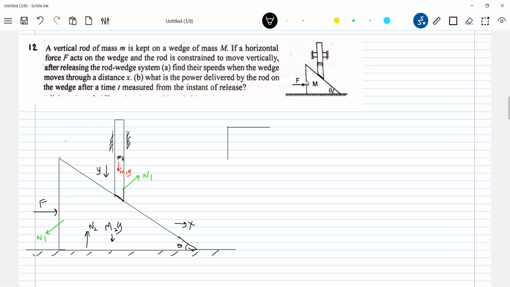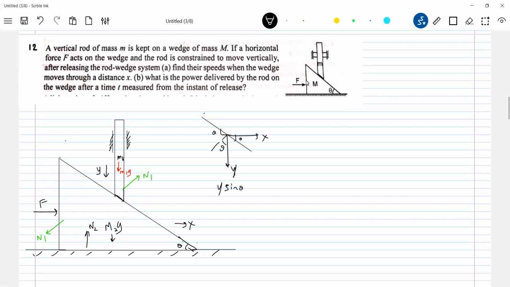This is the inclined plane, this is a distance x, this is a distance y, and this is theta. The constraint equation between x and y: y sine theta should be equal to x cos theta, or y cos theta should be equal to x sine theta.